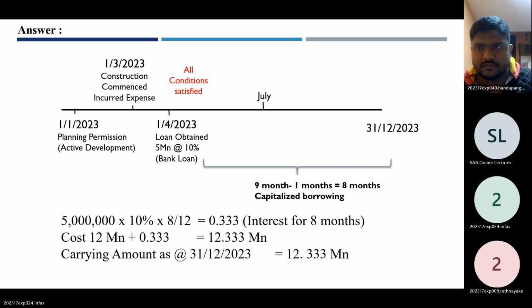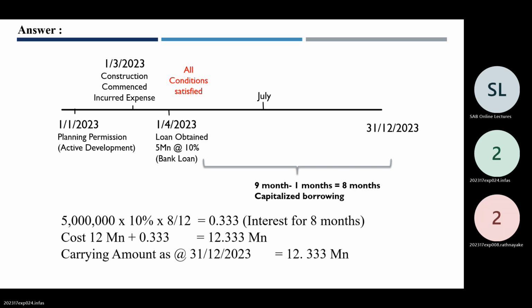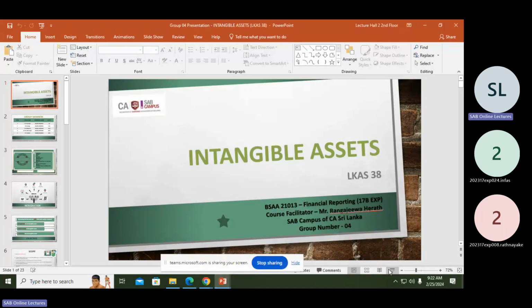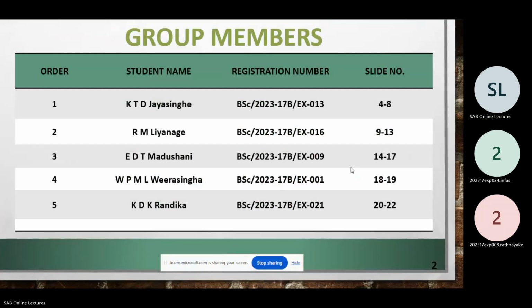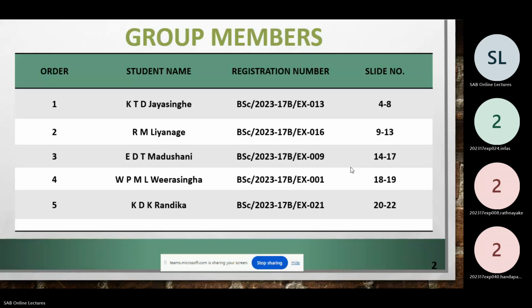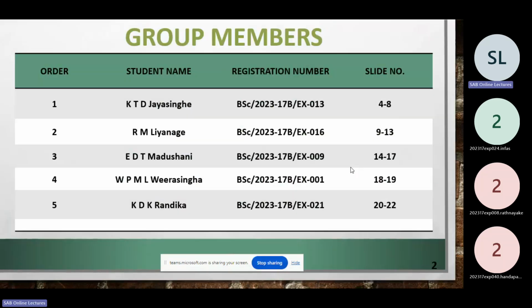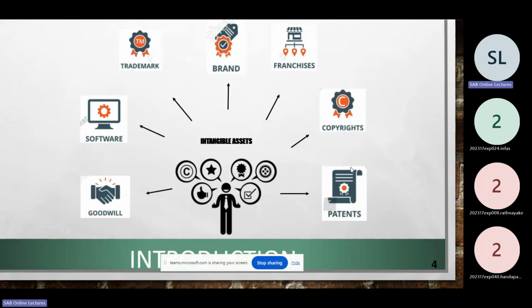Right. Group number 4, intangible assets. Defining the rate and innovation based.